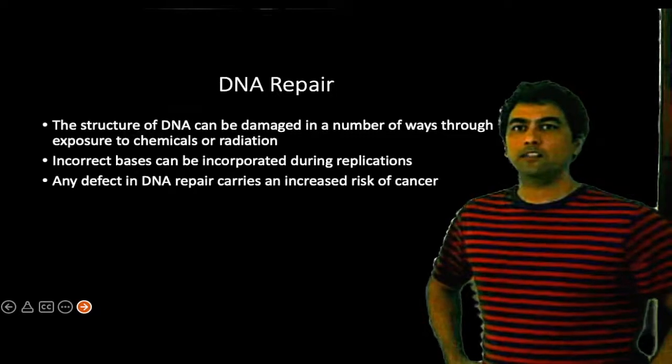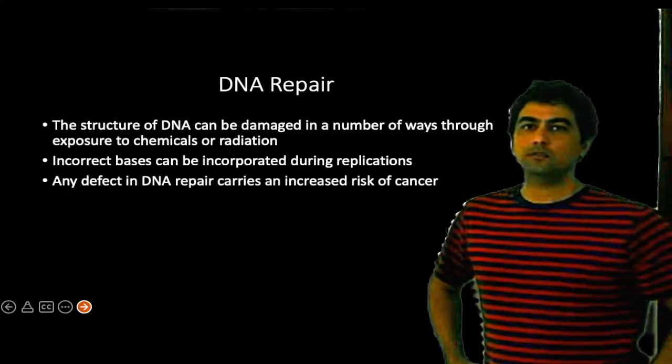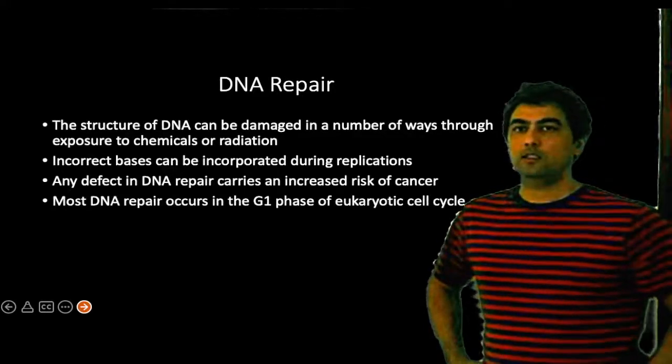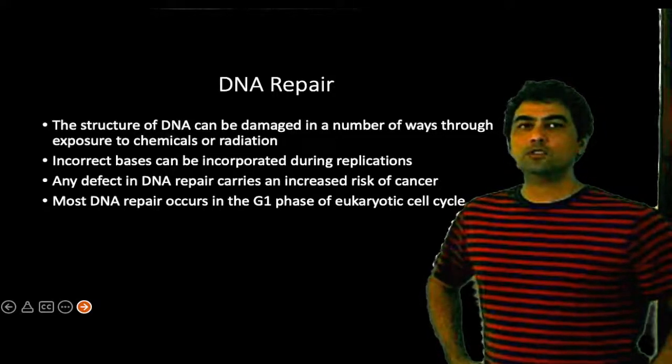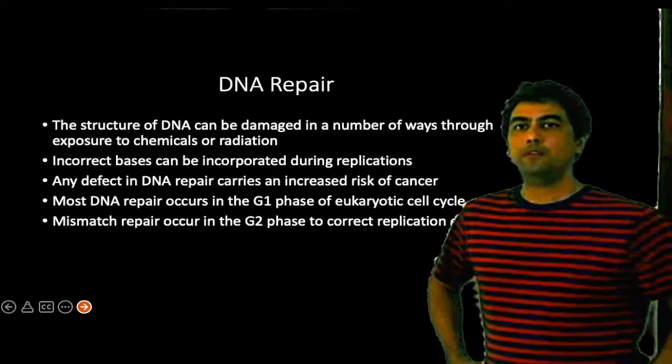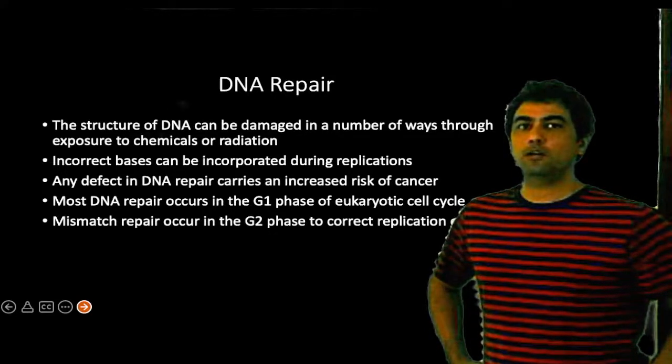Any defect in DNA repair carries an increased risk of cancer or mutations. Most DNA repair occurs in the G1 phase of the eukaryotic cell cycle. Mismatch repair occurs in the G2 phase to correct replication errors.